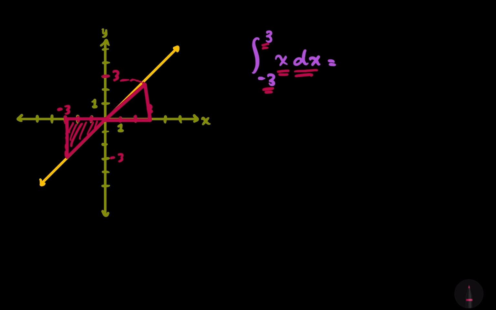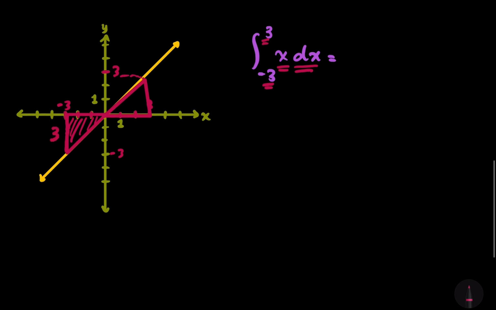And so this length over here is going to be 3. And then this length right over here is also going to be 3. And so then we know that the area of a triangle is going to be 1/2 base times height, which in this case is going to be 1/2 times 3 times 3, which is just going to be 9/2.